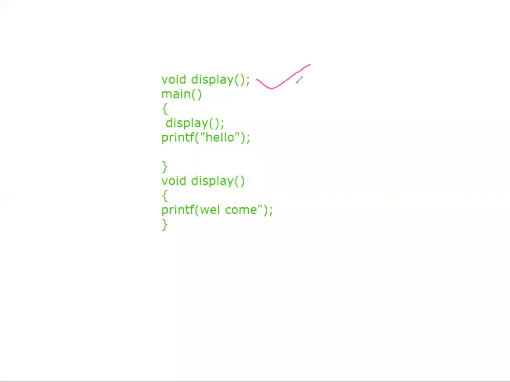The first function element is the function declaration, which is given before the compiler identifies it. Which type of function are we using in this program? A display function, where we don't want any return values, so we declare void. Next, every program starts with main, flower bracket begins. Display here means function call. The first one is the function declaration.